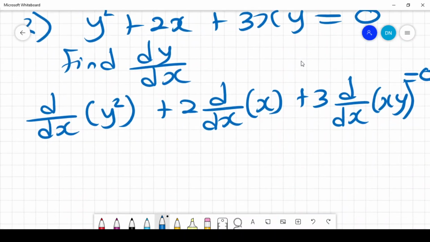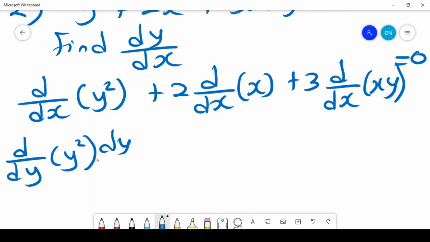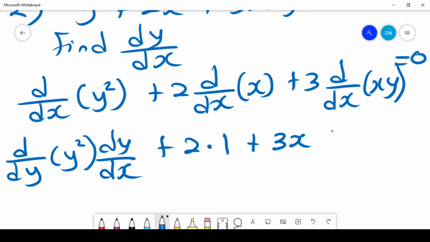I factored out the constant because I don't need it. So I'll move a little bit faster if you allow me. d/dy of y squared times dy/dx, plus 2 times 1, plus 3x d/dx of y.